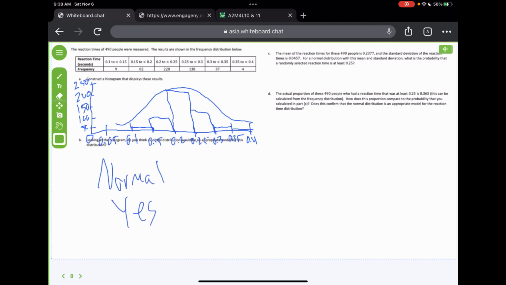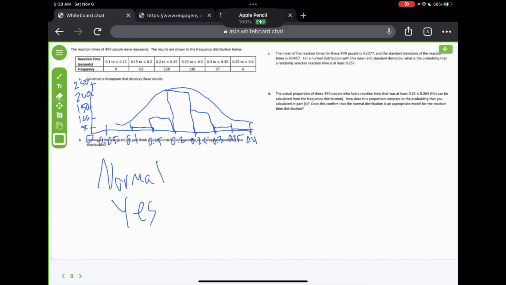All right. So it says the mean of the reaction times for these 490 people is 0.2377. Standard deviation of the reaction times is 0.0457. For a normal distribution with this mean and standard deviation, what is the probability that a randomly selected reaction time is at least 0.25? Okay.